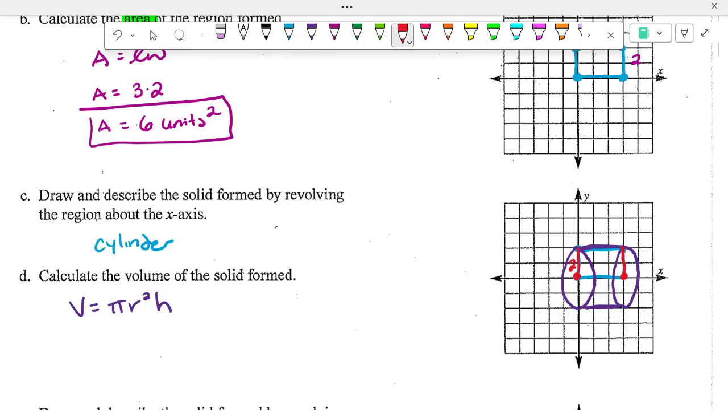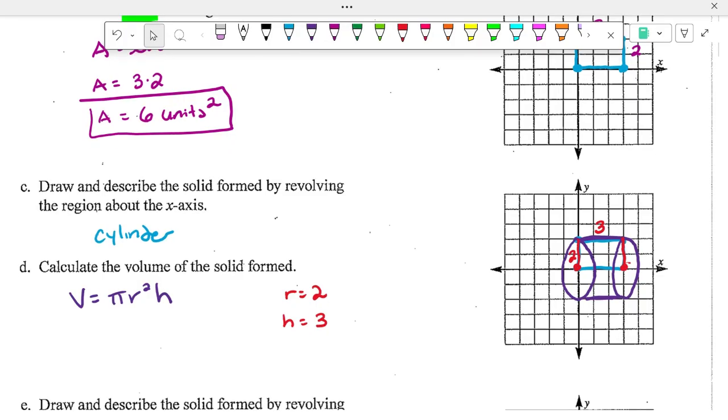So our radius is 2. What do you think the height is? 3. So your height is from center to center. So right here. Or you could also do it on the side. So it would be the length of the rectangle, which is 3.